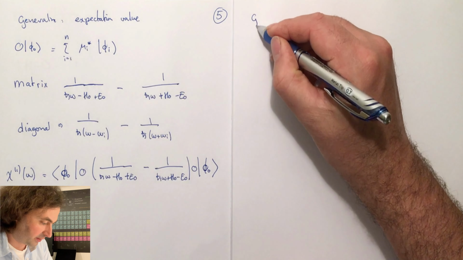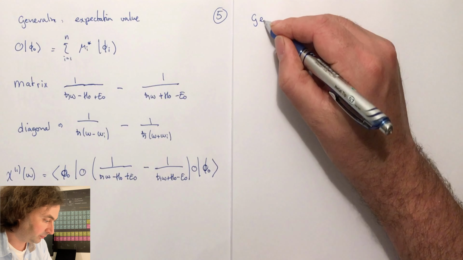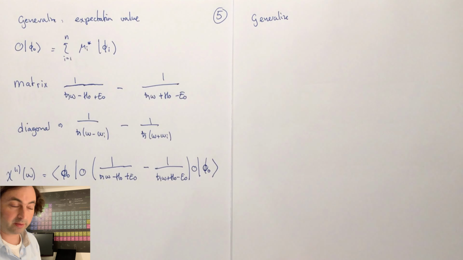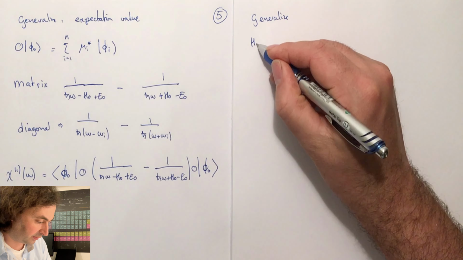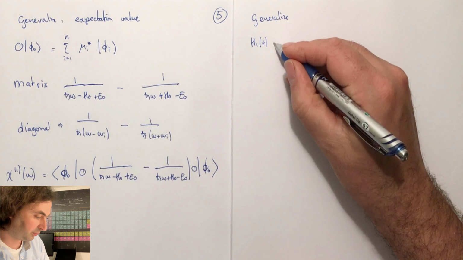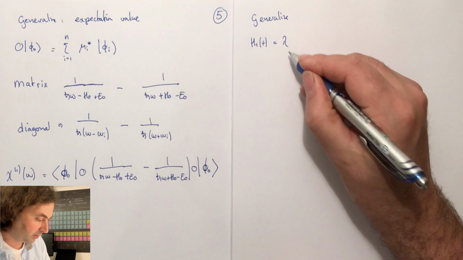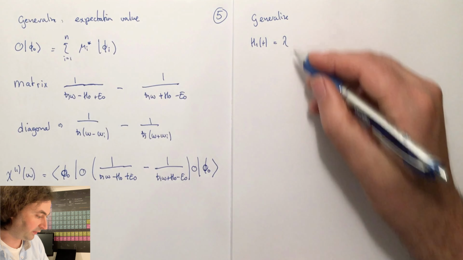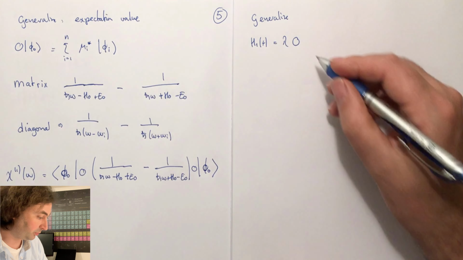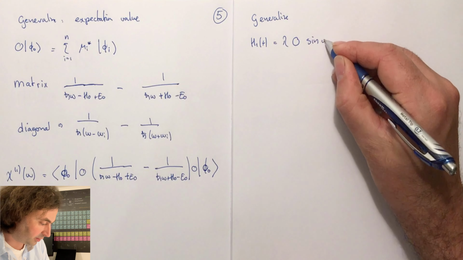We can generalize it one step further, because in our derivation we assumed that the Hamiltonian that we use to drive the system is proportional to strength and proportional to the operator that we use to make the measurement, and then sine omega t.